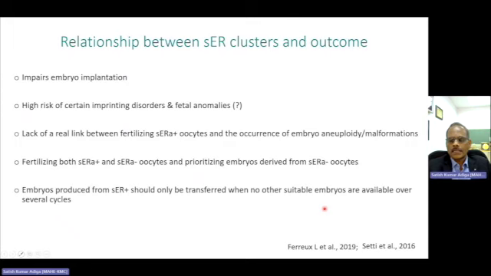Though it was suggested earlier that SCR positive oocytes carry significant risk of fetal abnormalities, such as imprinting errors and anomalies, there is no conclusive evidence so far. That means we can fertilize SCR positive oocytes, but prefer transferring the embryo from an SCR negative oocyte, or it should be the last option when no other embryos are available for transfer.